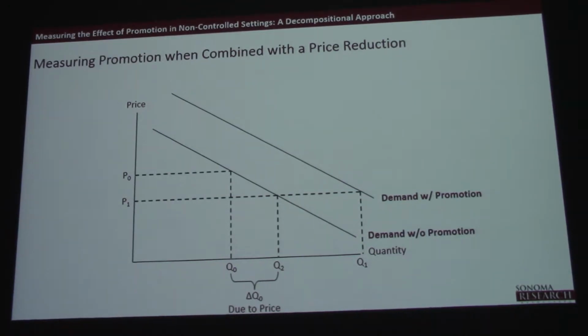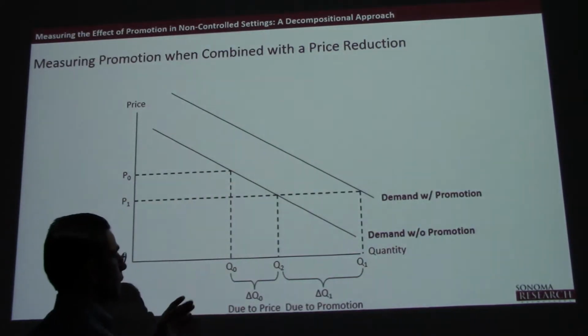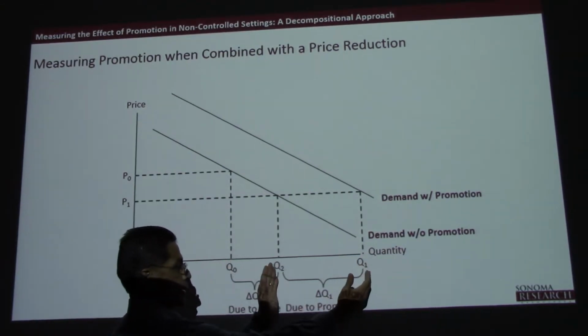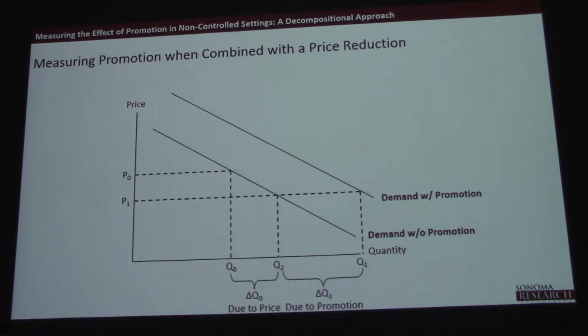We shouldn't attribute that to promotion. The rest of it is due to promotion, because now we've controlled for price, right? So instead of saying this is my promotional lift, we're going to say this is the promotional lift, and that's it. This is what Oaxaca did for male-female wage differentials.